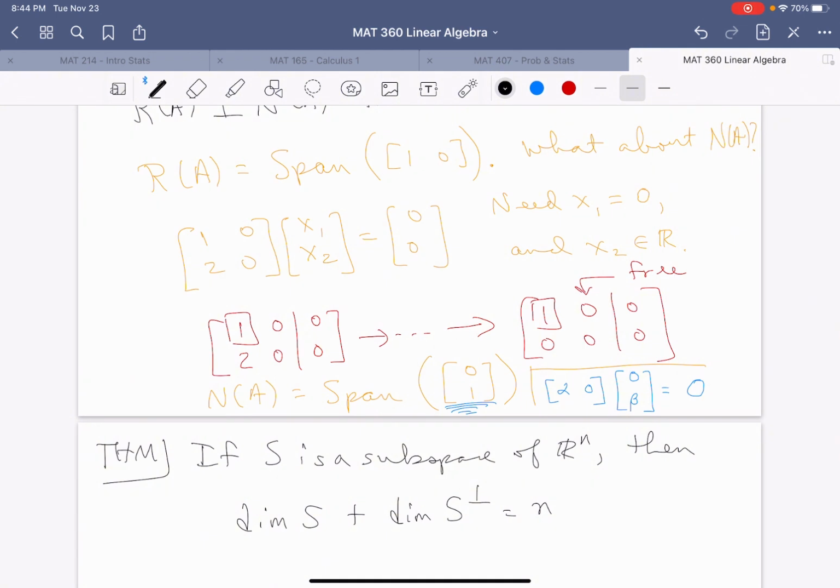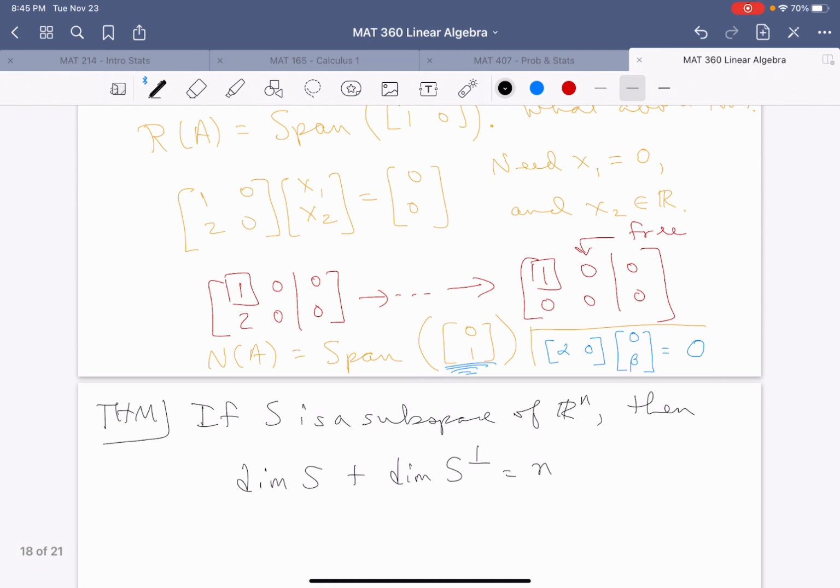That was pretty clear in our simple example before. We were looking at R3, with the span of E1, and the orthogonal complement of that is the span of E2 and E3. The first is one-dimensional, the second is two-dimensional, and you add the two together and you get 3.